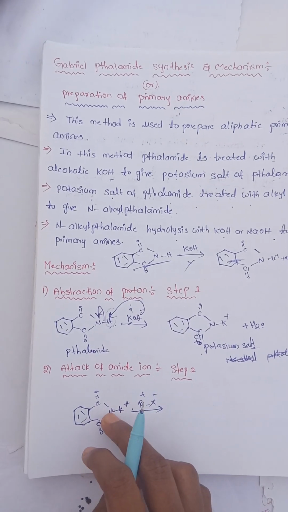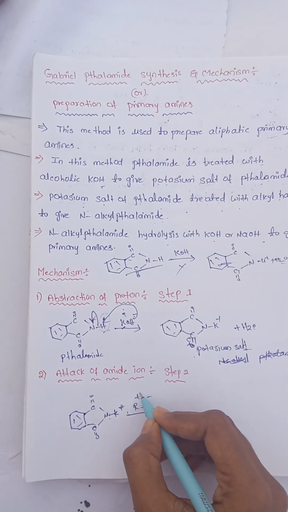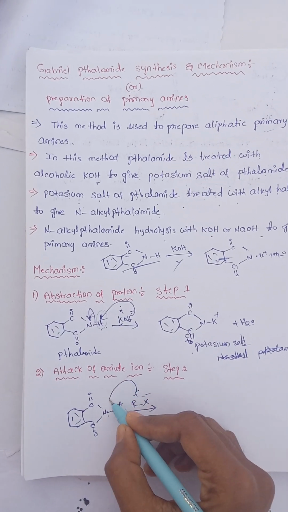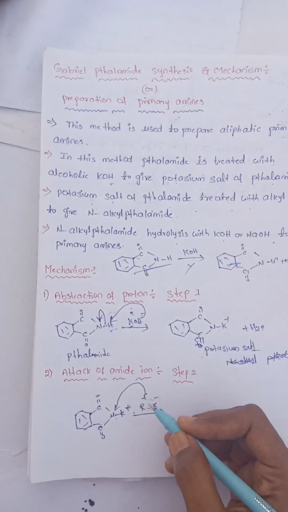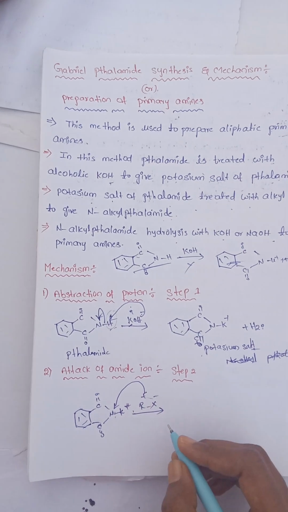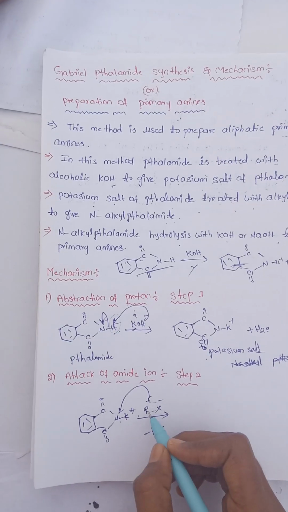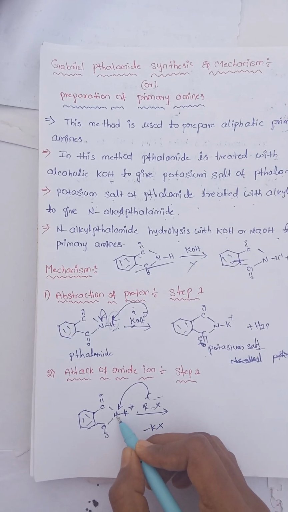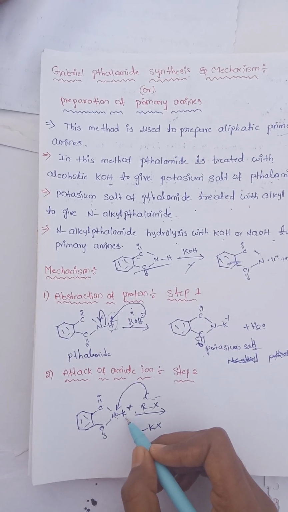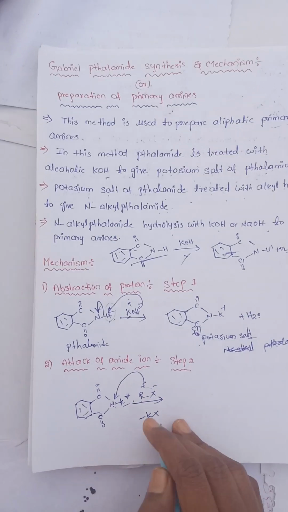R plus reacts with nitrogen, with removal of KX. R is attached to nitrogen, and K plus X minus is removed.